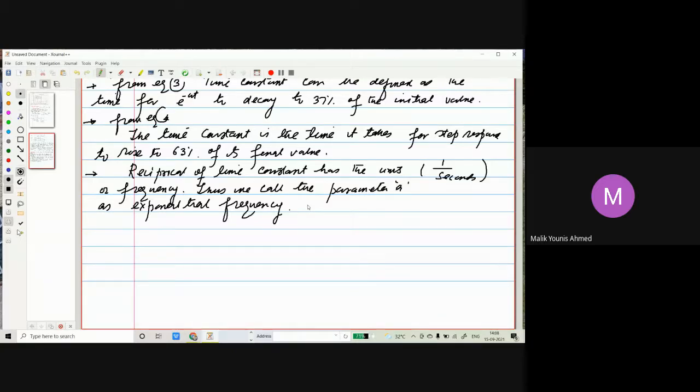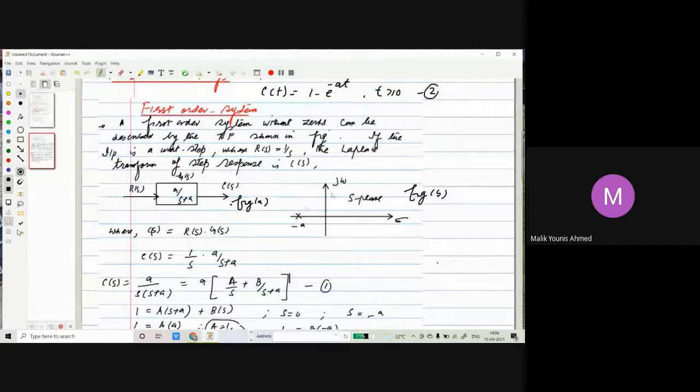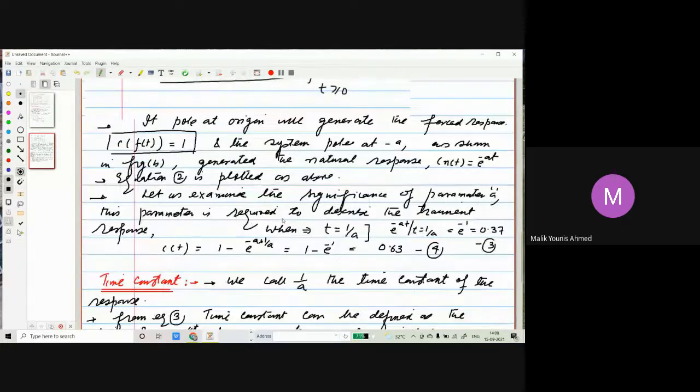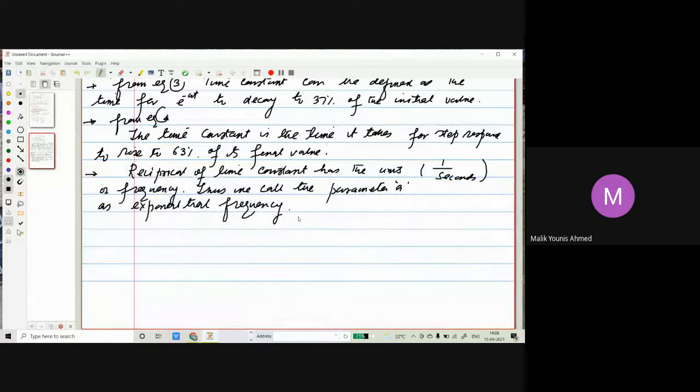Since the pole of the transfer function is at minus A, as we have seen above and as we can see from the graph, the pole is located at the reciprocal of the time constant.